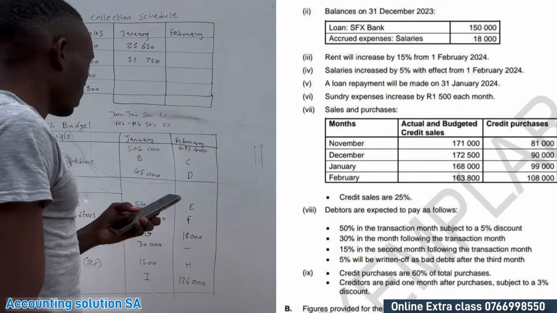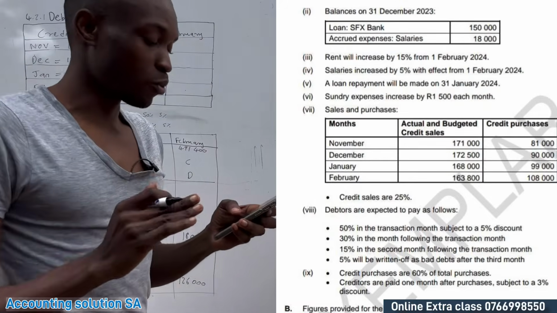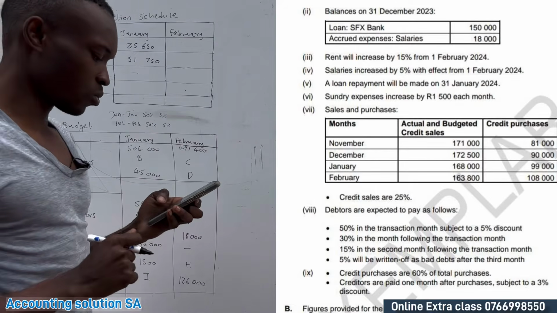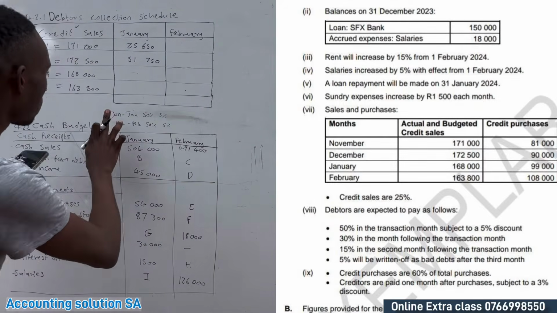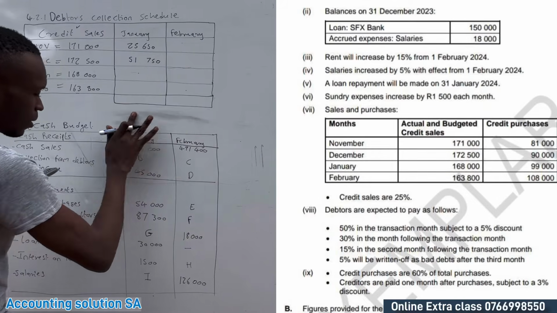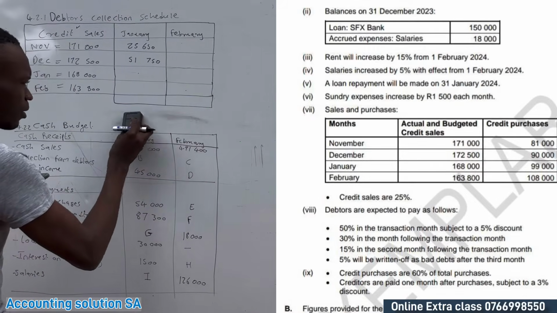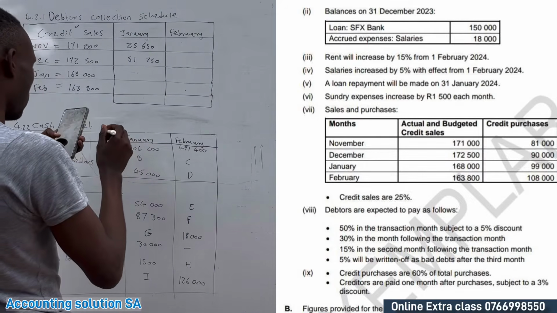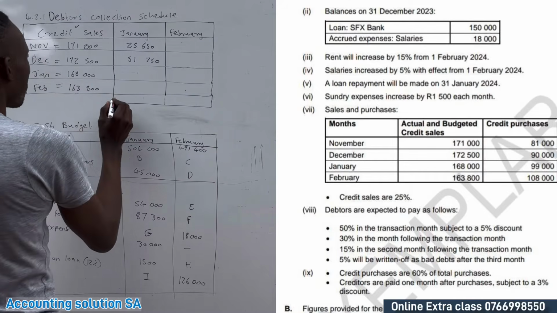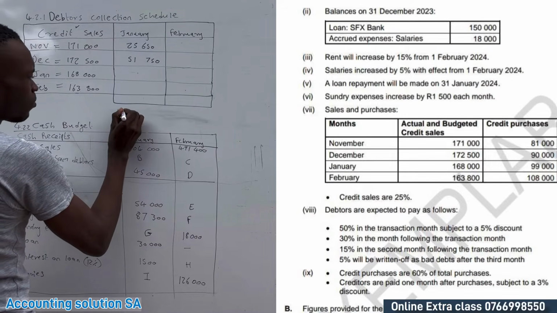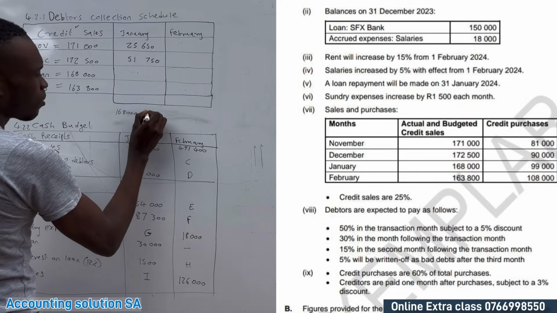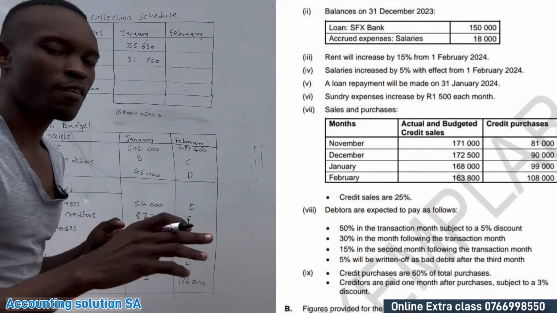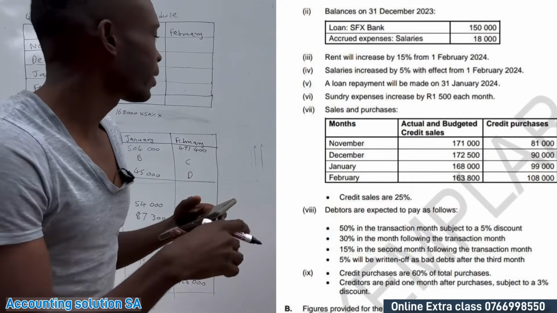Now let's calculate the first simple two, January versus January. Then we're going to do the following month, then after that the 2 months. Let's start with January. The sales is 168,000, then we multiply by 50%, and we multiply by 95, because they said there's a 5% discount, which means we're going to collect only 95.